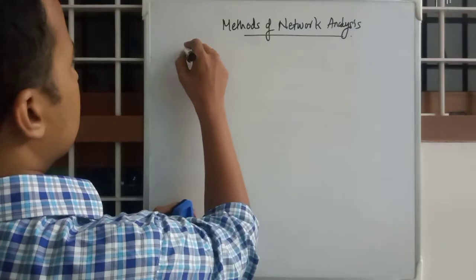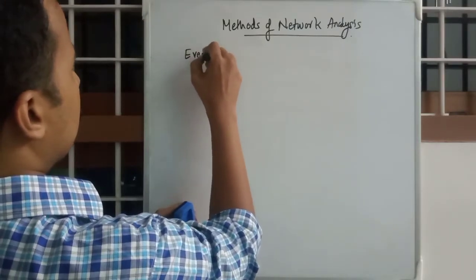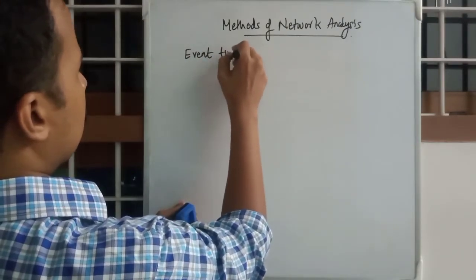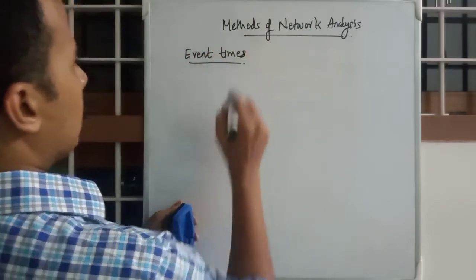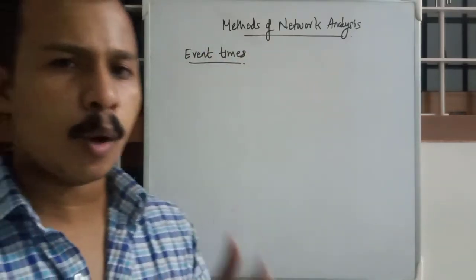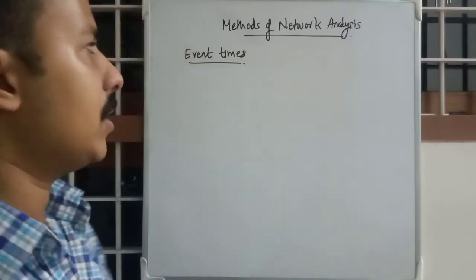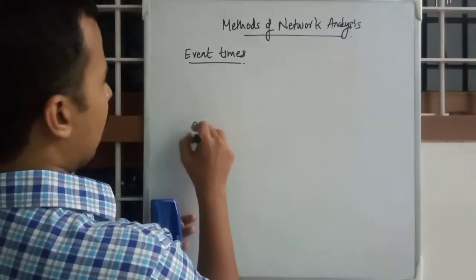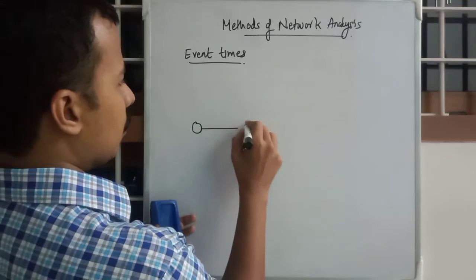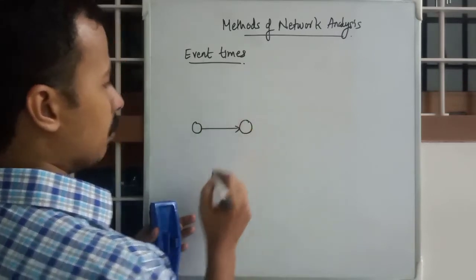Event times. This particular topic is common for CPM and PERT also. Event time is simply this: suppose you have an event, or these are two events.